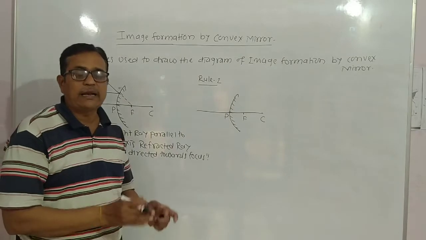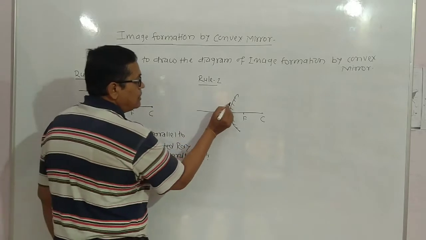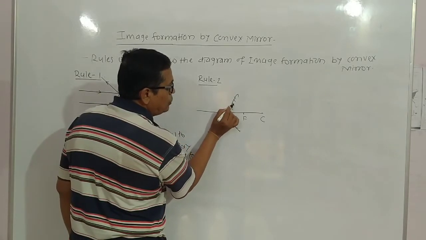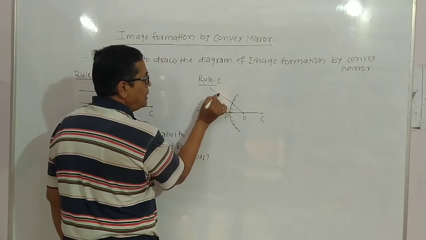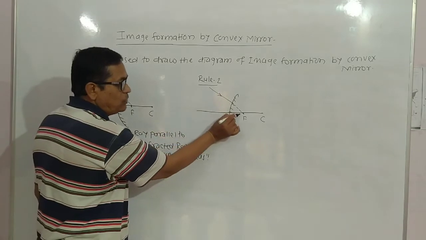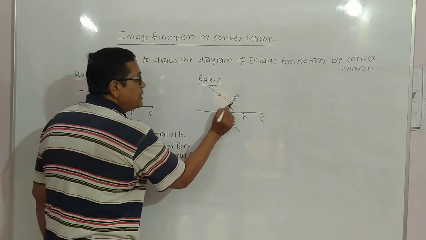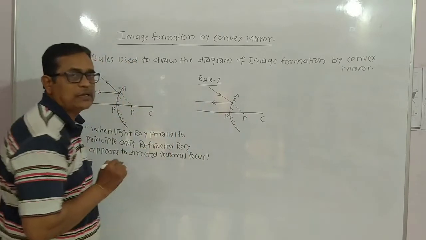When a light ray is directed towards the focus, there is an incident ray directed towards the focus, then the reflected ray is parallel to the principal axis.